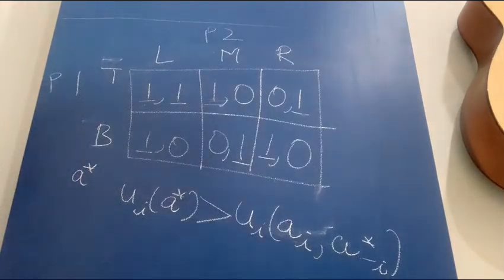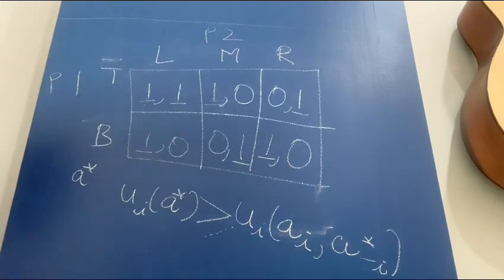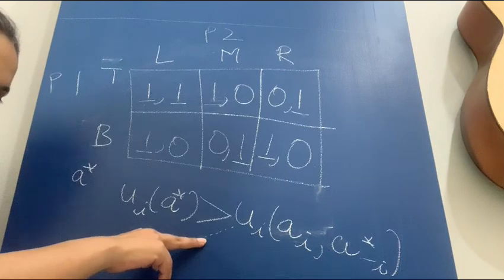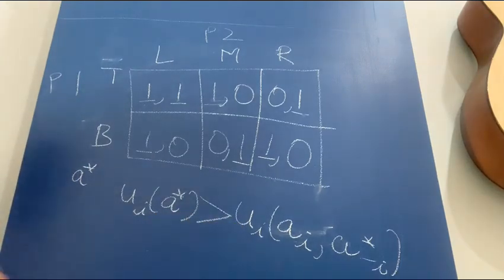If you remember, in the earlier definition of Nash we've written, we had a greater than or equal to sign there. That's just the definition of Nash. When we remove this equality, it becomes a strict Nash. When we have this, it's a non-strict Nash.